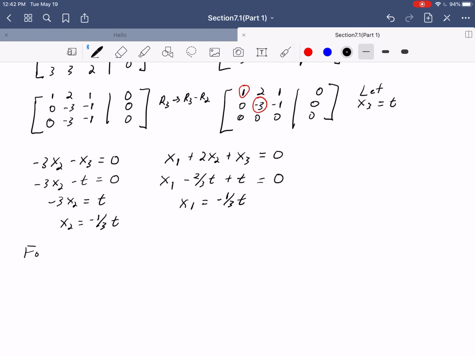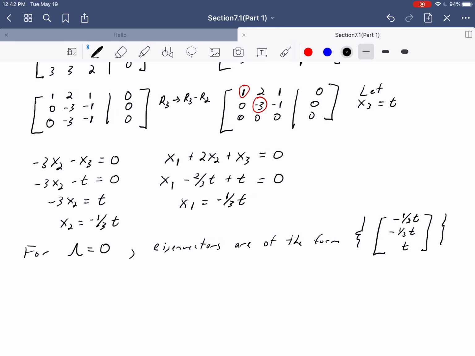So for lambda equals 0, eigenvectors are of the form. So what do the eigenvectors look like? Well, they look like minus 1/3 t, minus 1/3 t, and t. There we go.